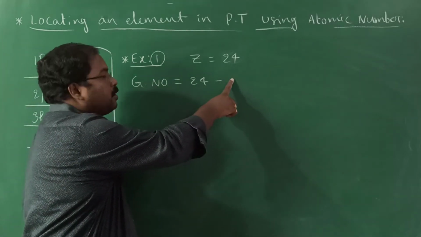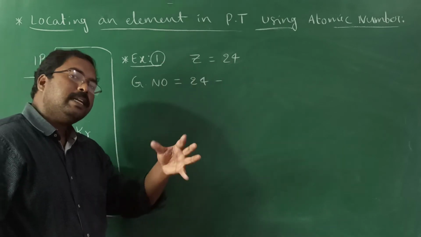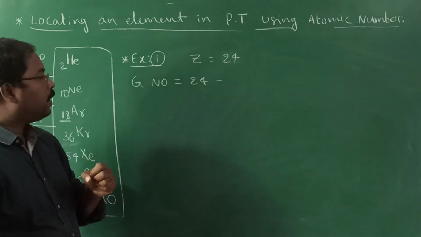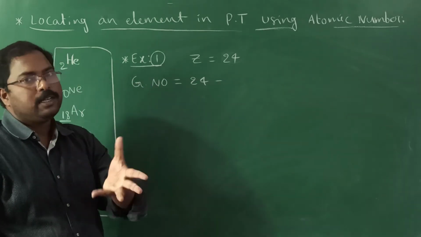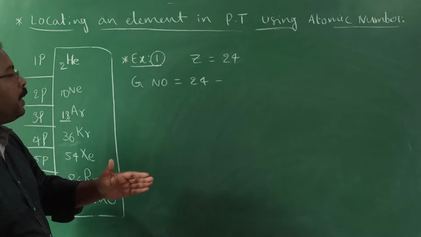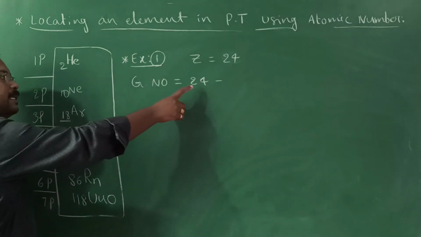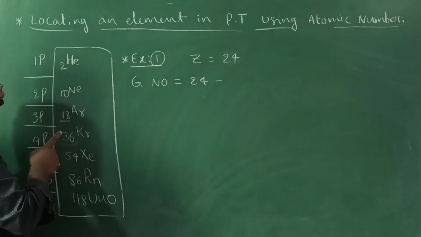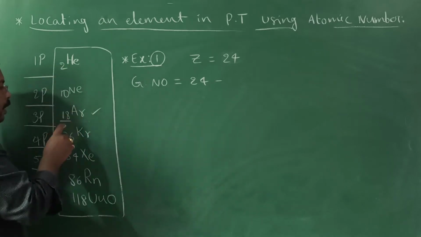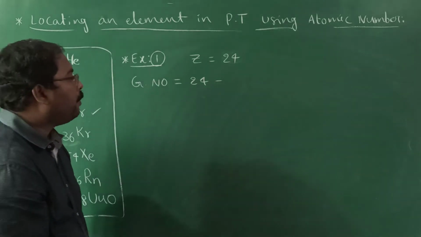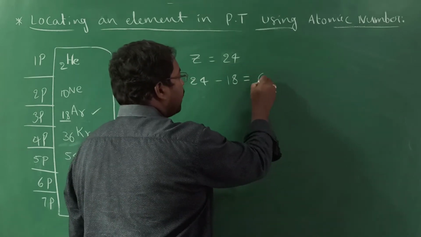If you take 36, the group number will be a negative value, and it can't be negative. That is why I am telling you to take the nearest noble gas whose atomic number is less than the atomic number of the element. So we pick the noble gas with atomic number 18. So 24 minus 18.